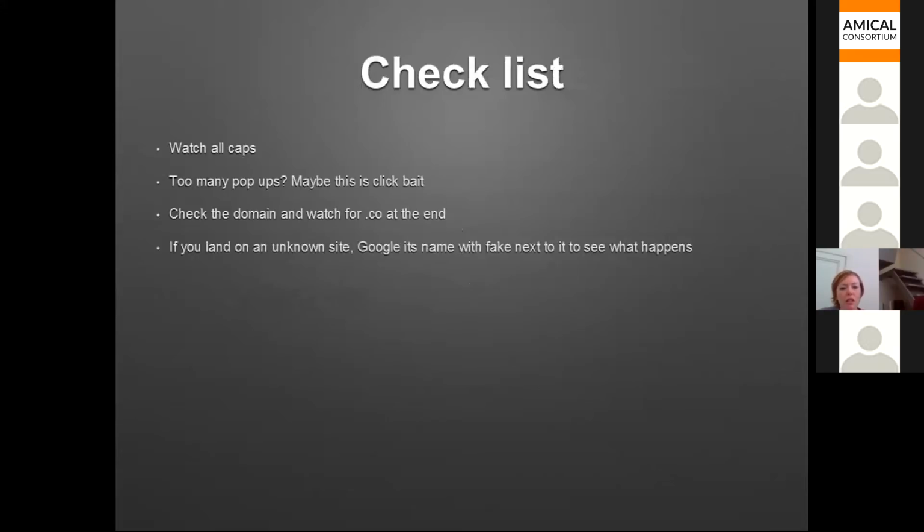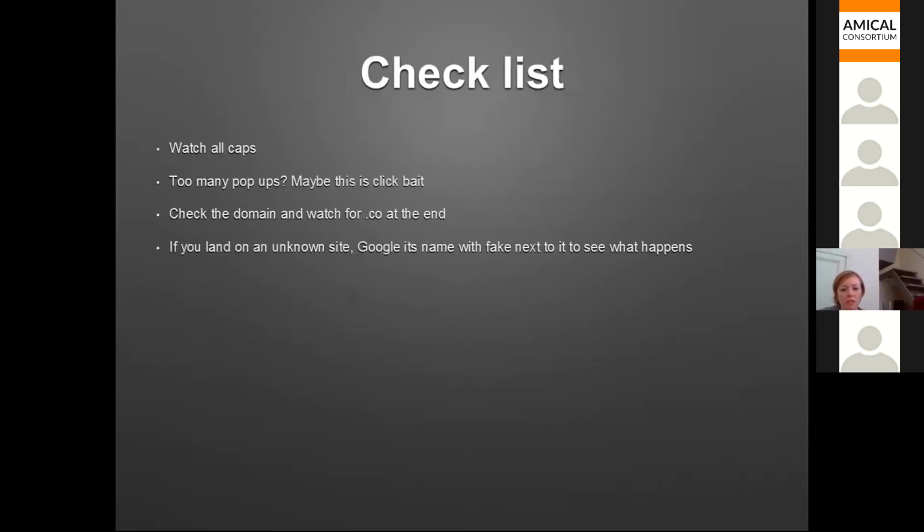So then we kind of wrap up looking at a checklist and talk about each thing on the checklist. Watch the all caps, too many pop-ups, check the domain. Watch for .co at the end, because that could be a problem.